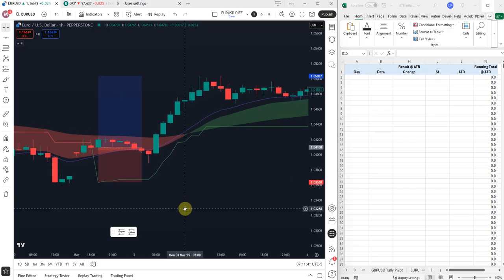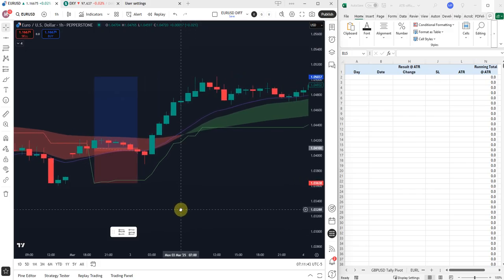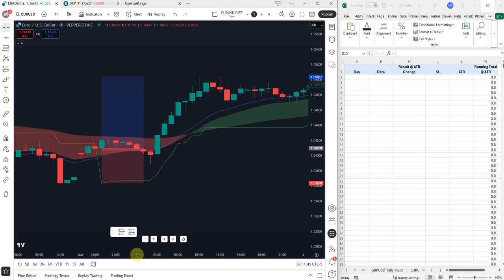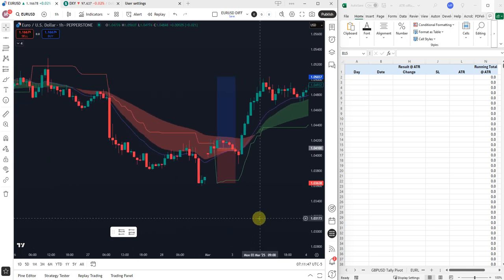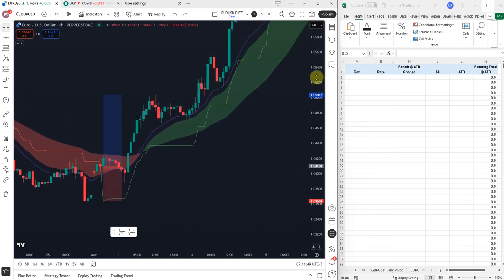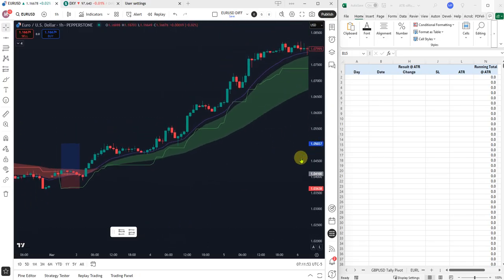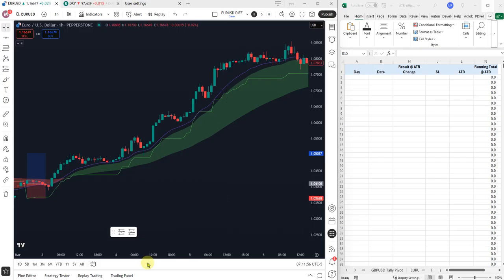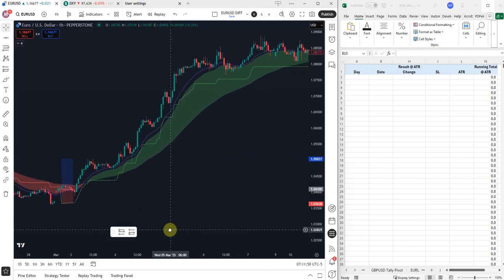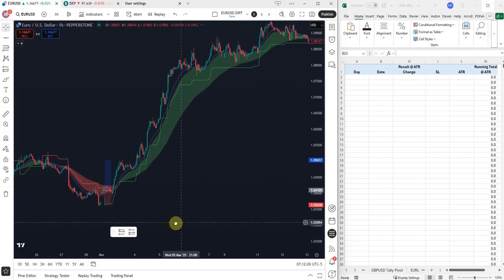So you can do it however you want, but that's how I'm going to show it. Okay, so I'm going to make this a little smaller so we have more room. So what we do then is we just scroll forward. Wow, this is a long one. Okay, so we're just going to keep scrolling forward until that ATR line changes color.